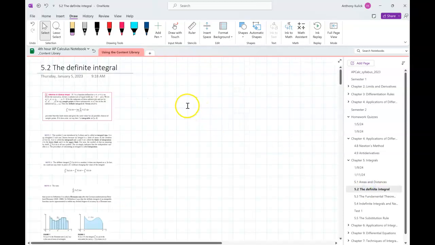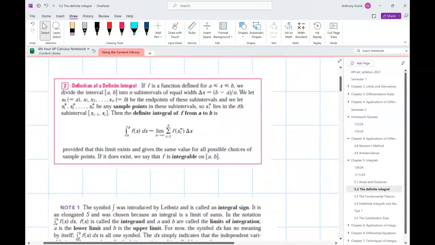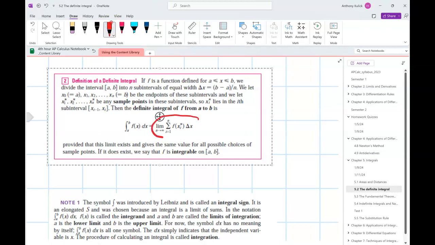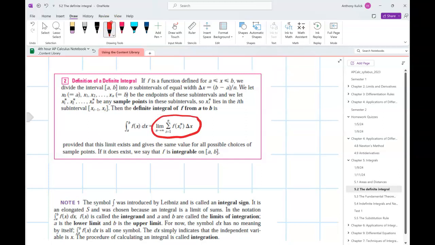So in 5.2, we're going to start with the definition. What we're going to say is that infinite sum of rectangles that we saw in 5.1, we're going to call that the integral, and we're going to denote it with this notation.